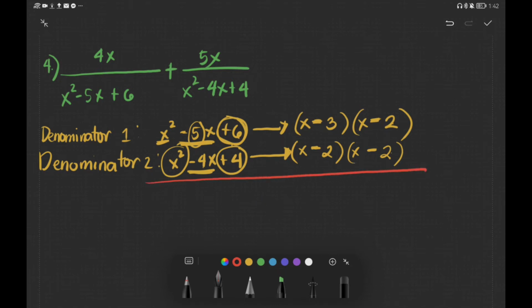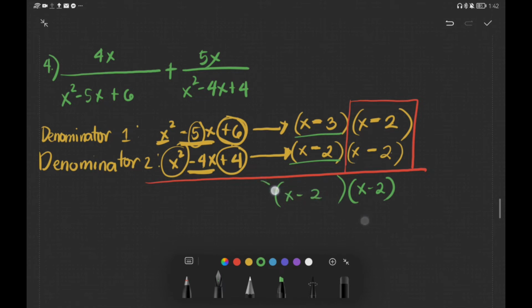What is common in denominator 1 and denominator 2 is x minus 2. So, we can consider this as 1. We write it only once. That is x minus 2. Those that are not common, we still write them. That is x minus 2 and x minus 3. Therefore, the LCD is those three.